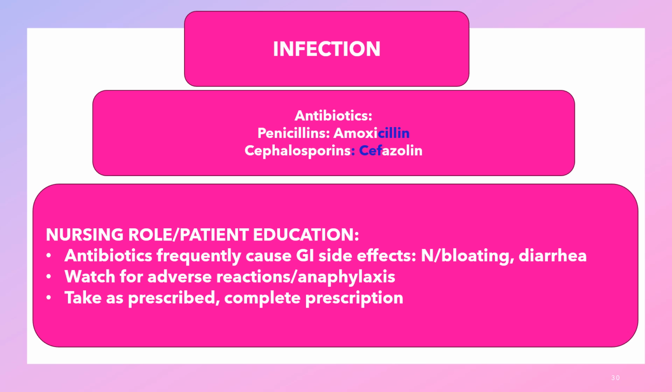And so here we go with antibiotics, and we have a concern that it can aggravate that. Hopefully, if needed, it's going to resolve the issues, and those side effects won't be a problem. With any antibiotics, we're going to watch for adverse reactions or anaphylaxis. And with all antibiotics, we're going to take as prescribed, and we're going to complete our prescription.